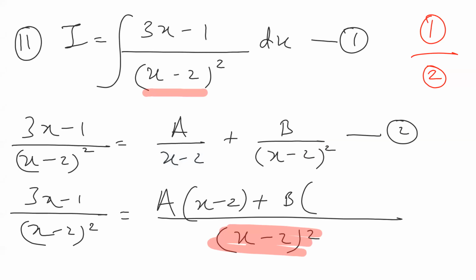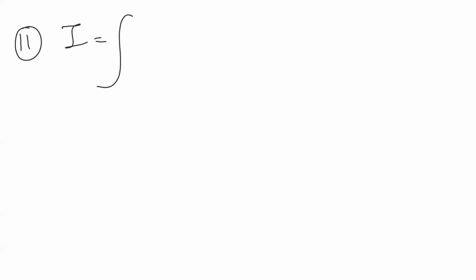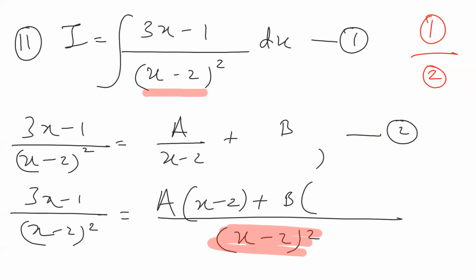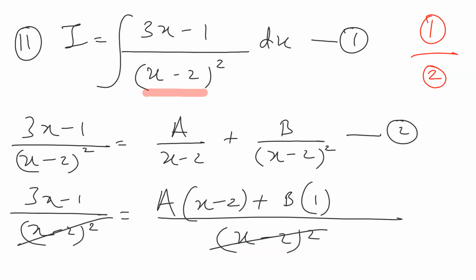So that term is x minus 2 the whole square. So we'll get 1 over here. Cancellations. And then we'll get equation number 3.